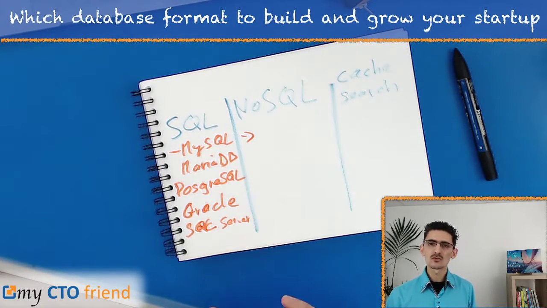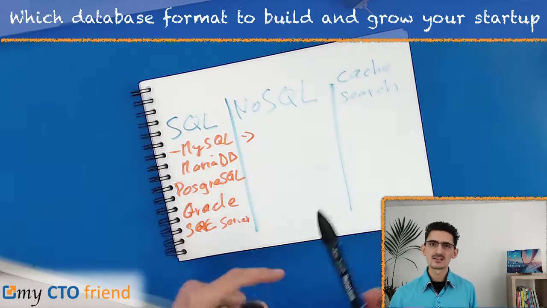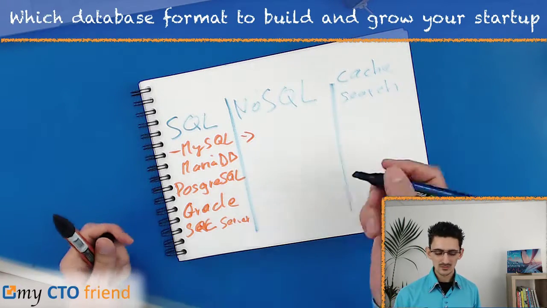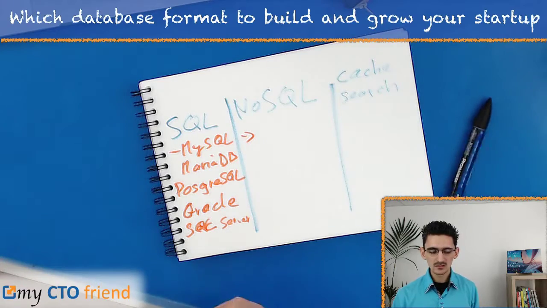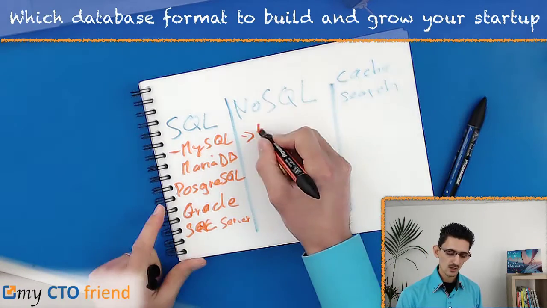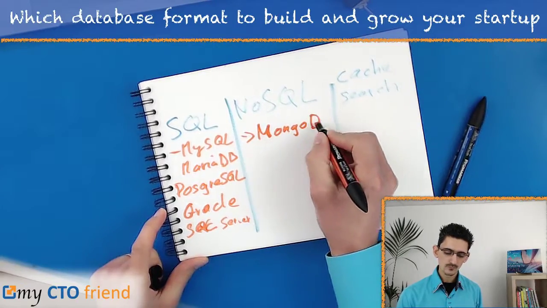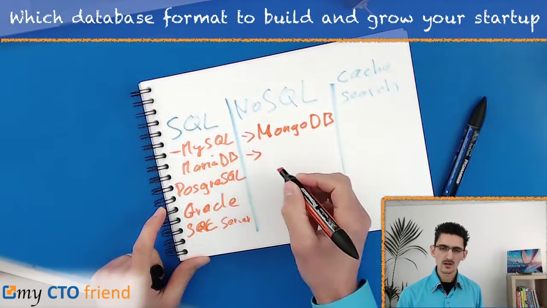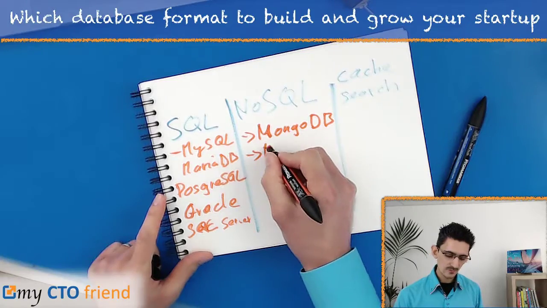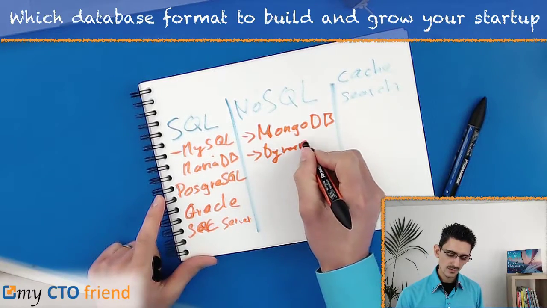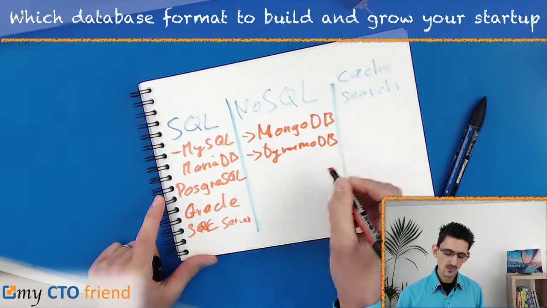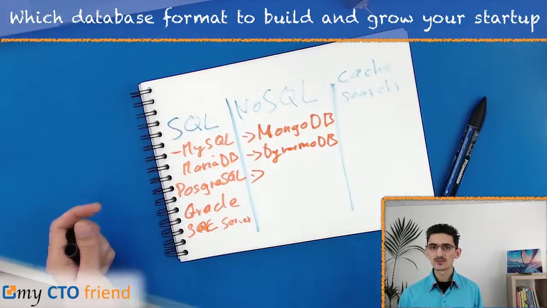Let's talk about which kinds of technology exist in NoSQL. We cannot talk about all the technologies, but just a few. The most well-known one is MongoDB. There is also DynamoDB, which is the one from AWS, Amazon Web Services.